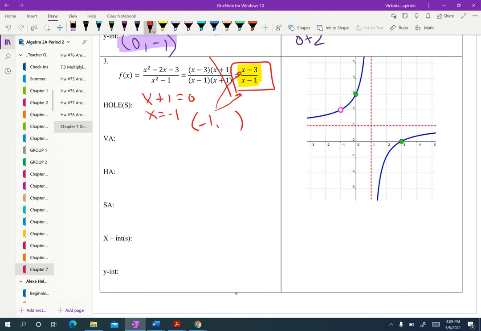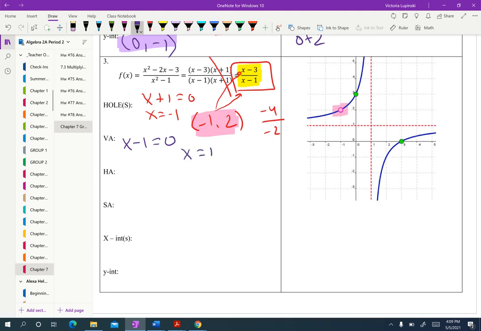So -1 minus 3 is -4. -1 minus 1 is -2. A negative divided by a negative is a positive, and in this case 2. And hopefully if you take a look at (-1, 2), that's exactly where my nice big open circle or hole is.